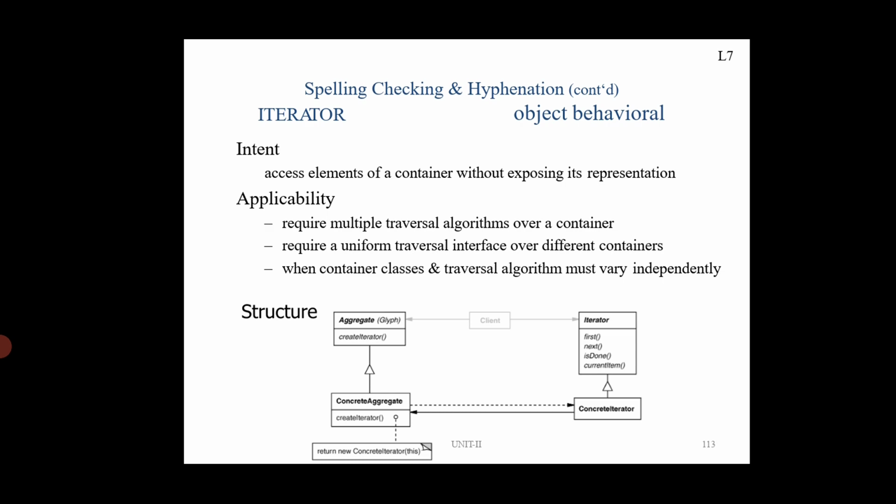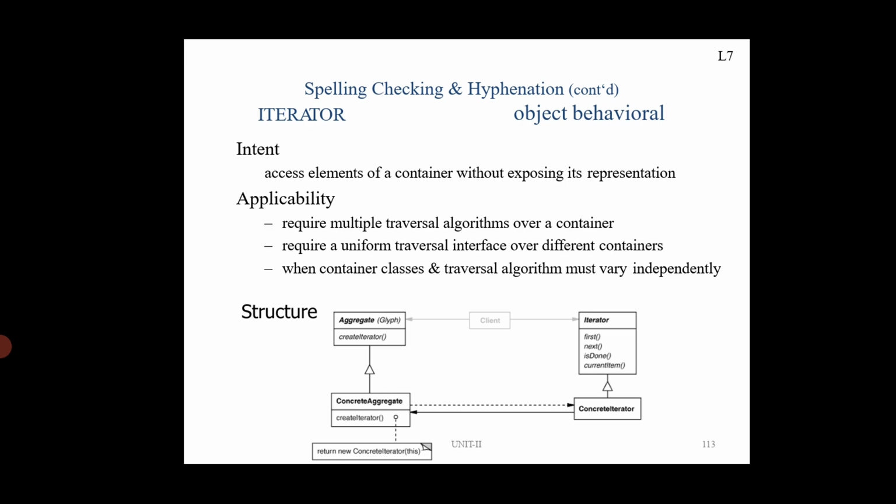Coming to the applicability, listen carefully, where it is used. It requires multiple traversal algorithms, more than one traversal algorithm over a container. One more key point: it requires a uniform traversal interface, only a single traversal interface, for communicating between the user and the machine over different containers.